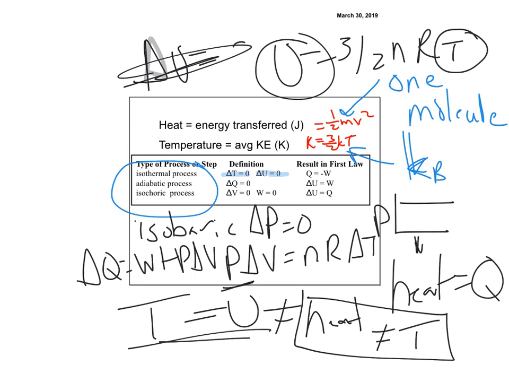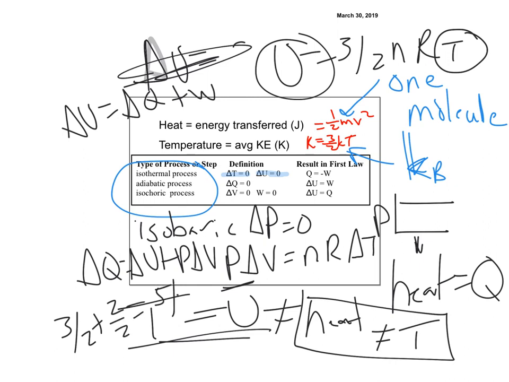And delta U is 3/2 nR delta T. So if you have 3/2 plus 2/2, that's where you get the 5/2 nR delta T for your delta Q. So those are the kind of concepts you have to play around with in your mind as you are doing them.